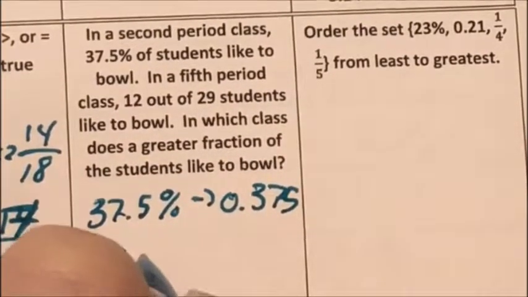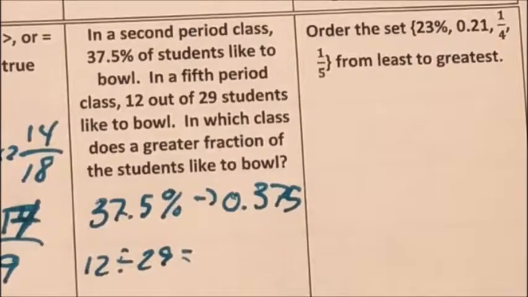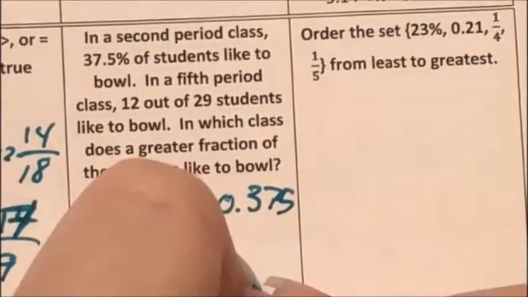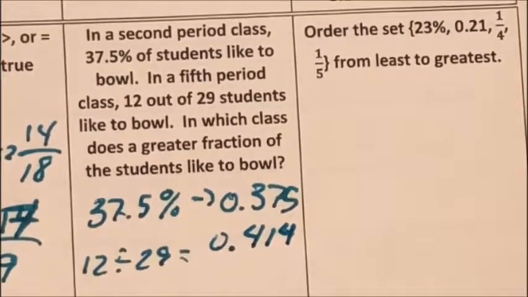12/29ths I can divide, so 12 divided by 29. I get 0.414.